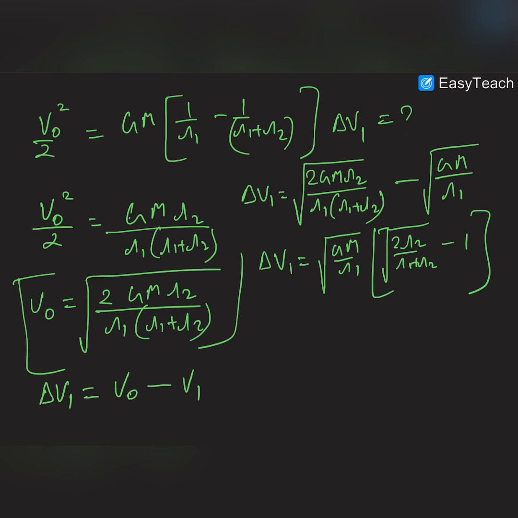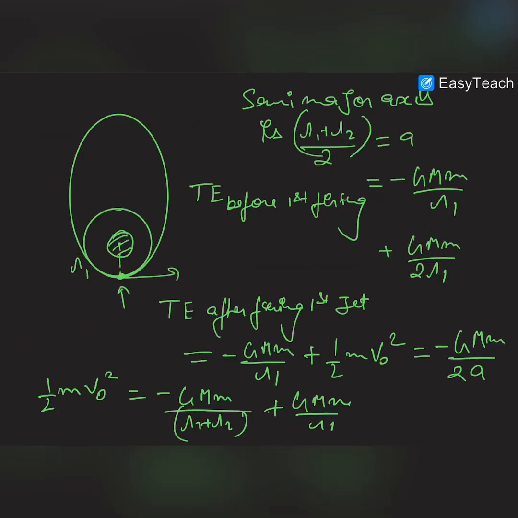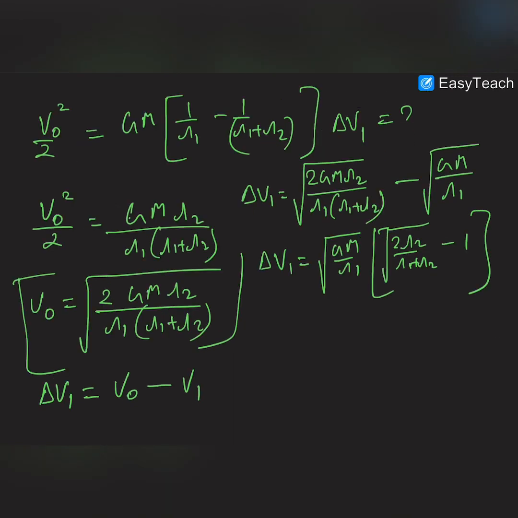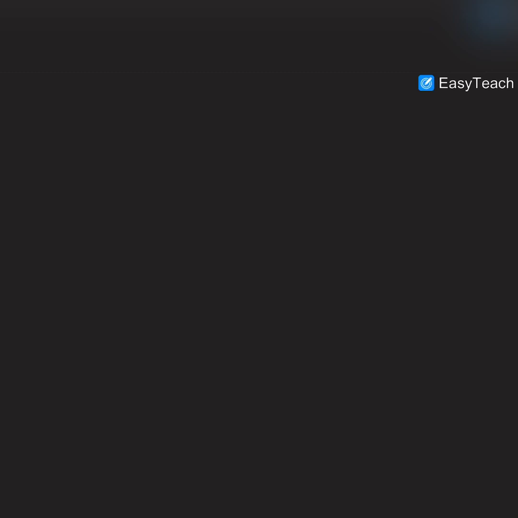Now at the point of apogee, this is the point of apogee. If this satellite is moving in this elliptical orbit with the speed of v0, which we have already calculated, at this point the speed would be v0 dash, because we know that the speed changes.